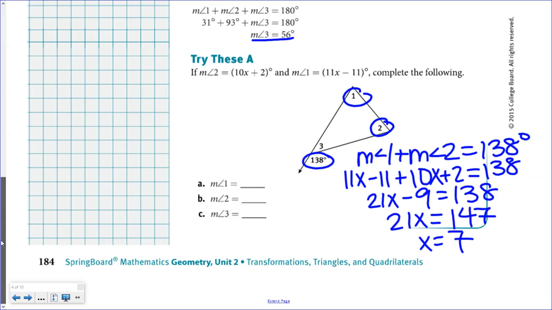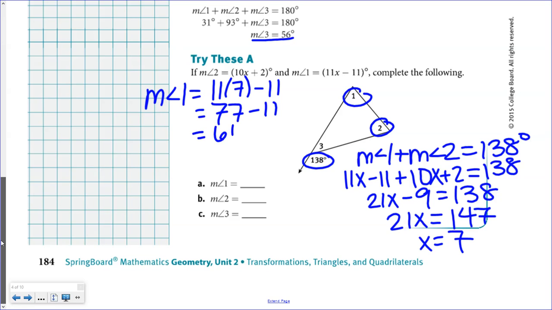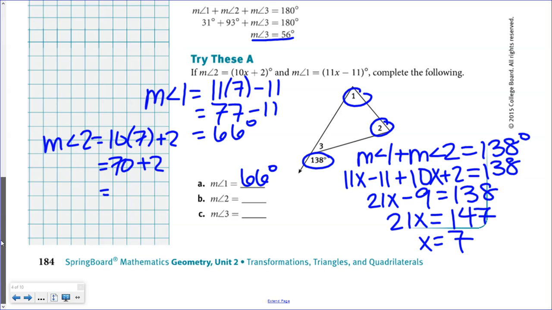If I substitute into the equations that they gave me, measure of angle 1 is going to equal 11 times 7 minus 11, which is 77 minus 11, which is 66 degrees. For the measure of angle 2, 10 times 7 plus 2 is going to be 70 plus 2, which is 72 degrees.